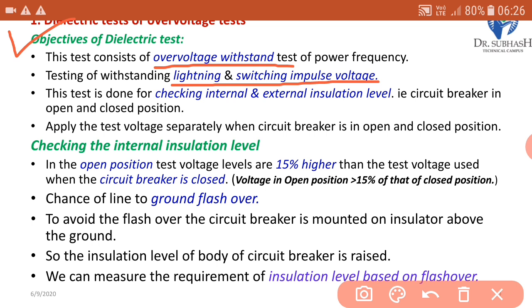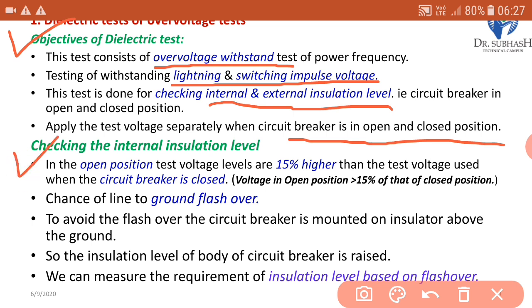This test is done for checking the internal and external insulation level. It means the circuit breaker in open or closed condition. Apply the test voltage separately when the circuit breaker is in open and closed position. So these are the objectives of the dielectric test.